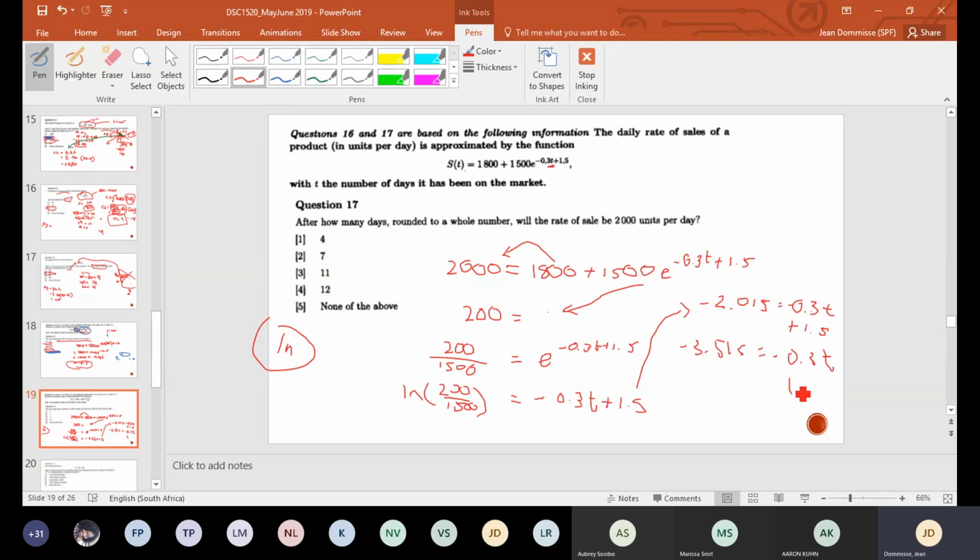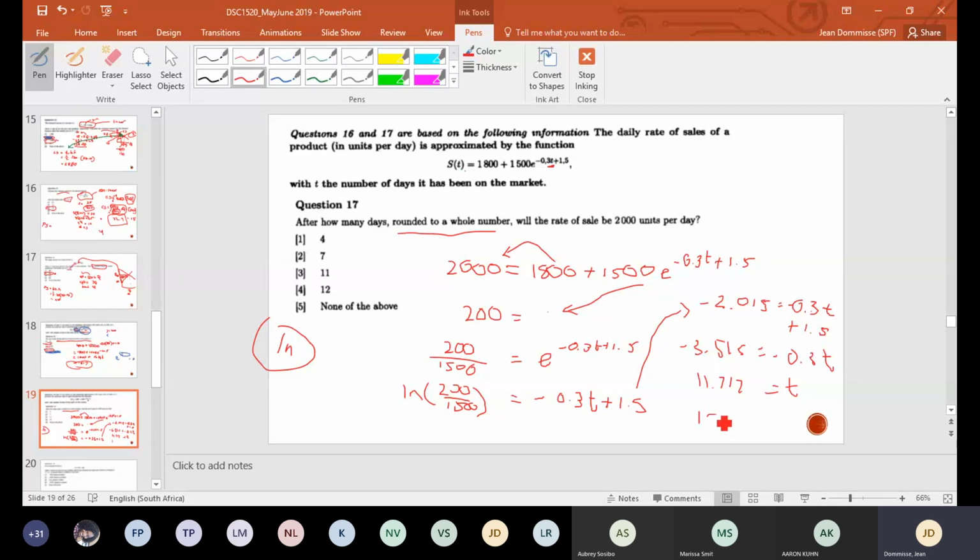Then I want t on its own, so I divide by minus 0.3, and then I get t is equal to 11.717, and then round it off to a whole number.